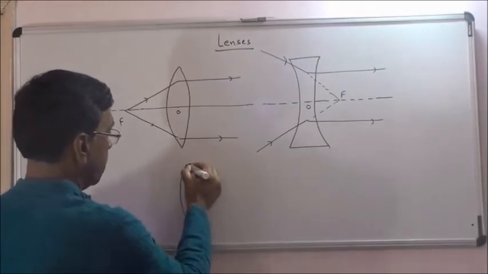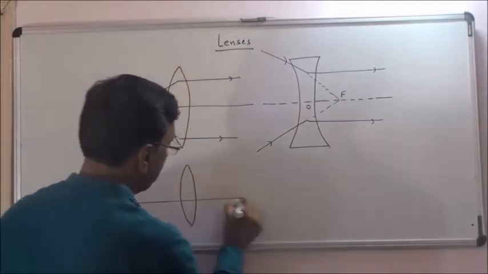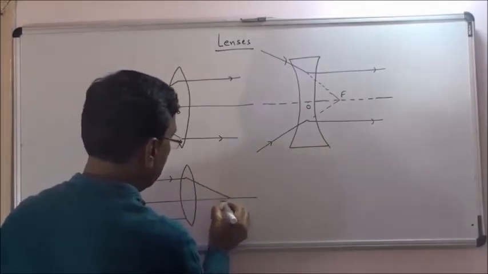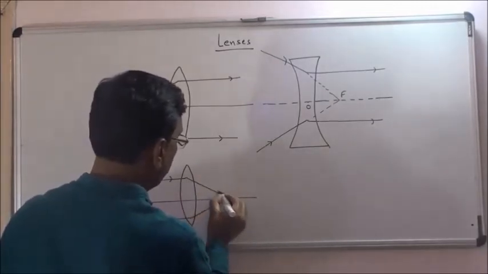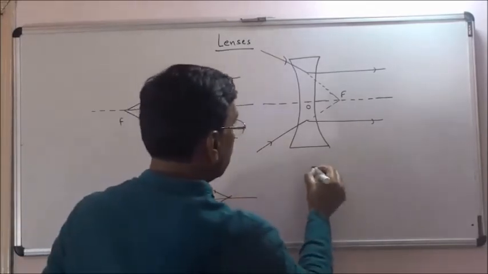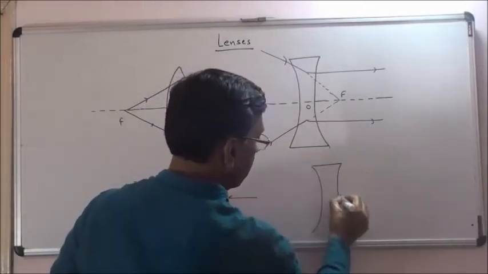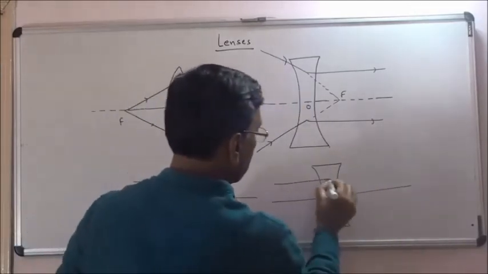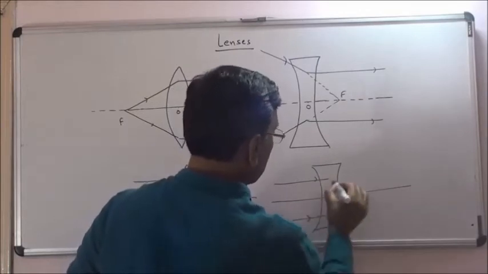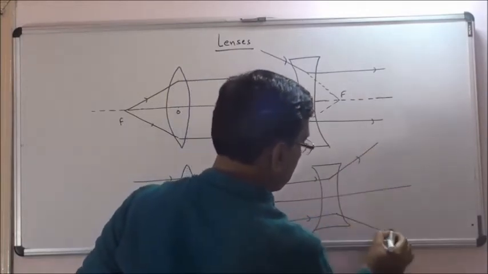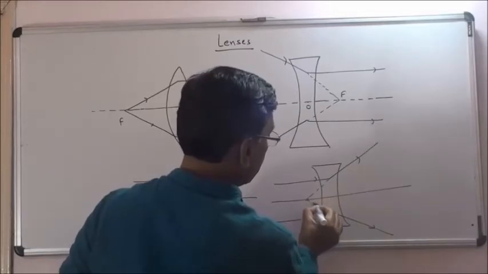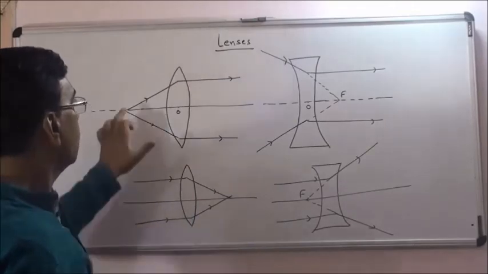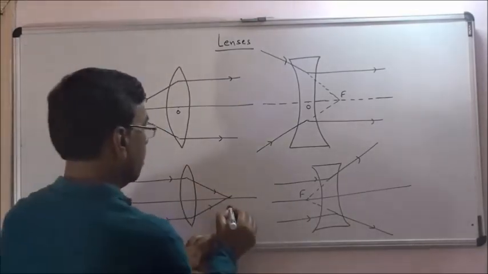I'm giving you one more situation, just think what will happen. If the rays are coming parallel, now what will happen? They will come at one point. This is focus, this is also focus.